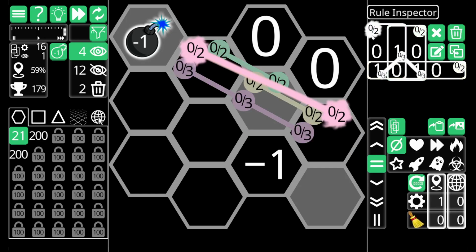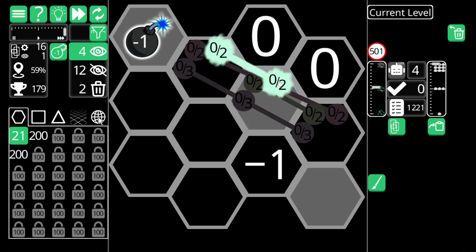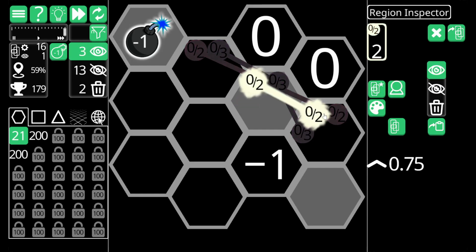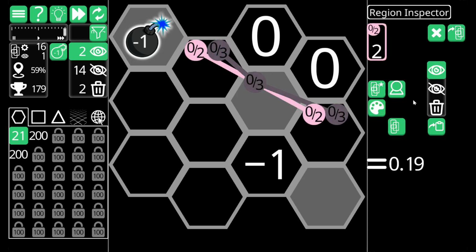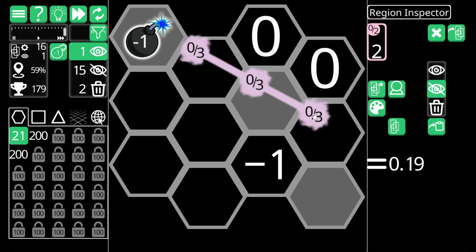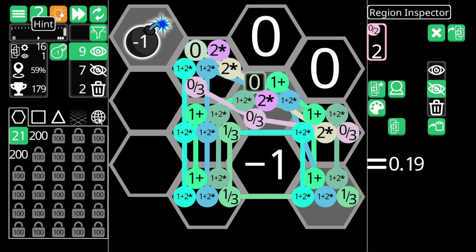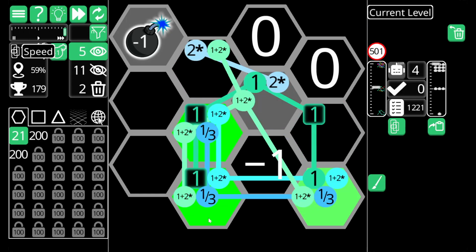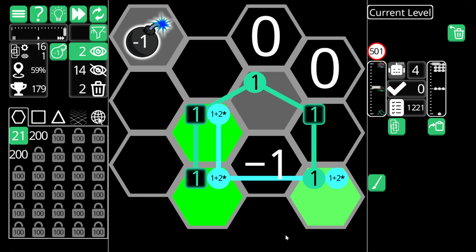Ta-da! And then all these 0 or 2s are suddenly uninteresting. They've been collapsed into this 0 or 3 region, which doesn't especially help at the moment. But I just like deriving true facts. That's what I'm here on this earth to do.